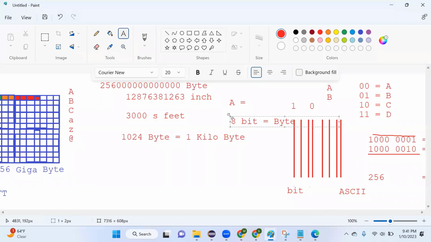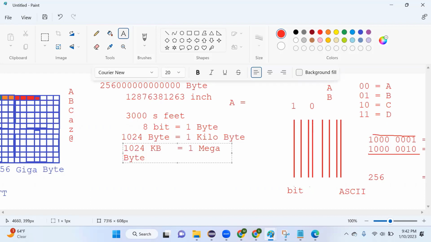I can write it here. 8 bits is equal to 1 byte, and 1024 bytes is 1 kilobyte. 1024 kilobytes is 1 megabyte. 1024 megabytes is 1 gigabyte. 1024 gigabytes is equal to 1 terabyte.